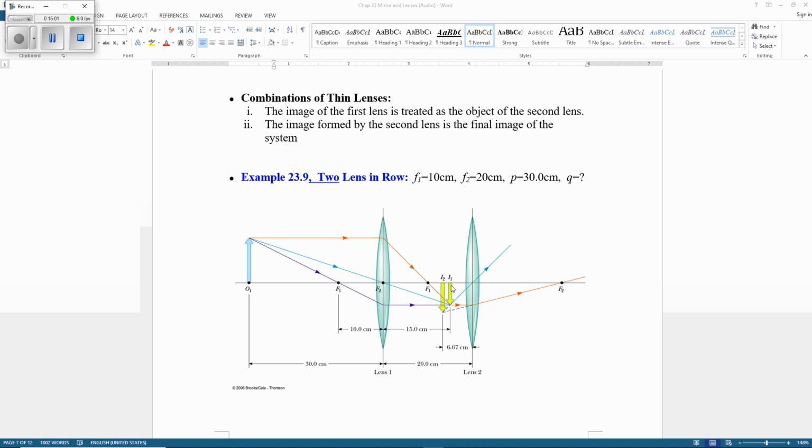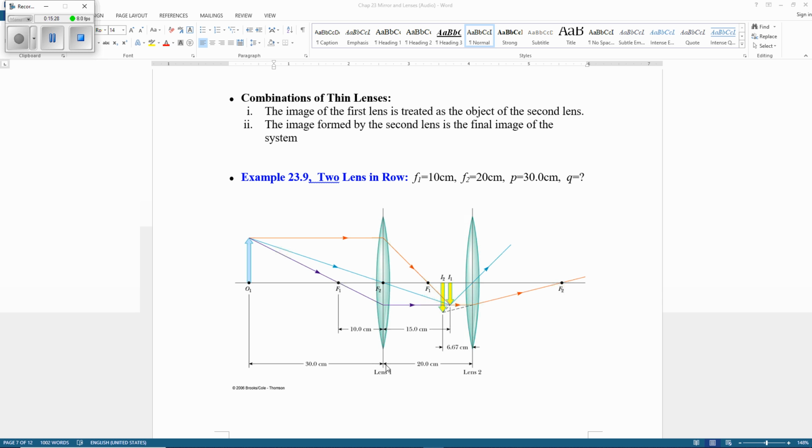So now see, this is the object for the second lens. So this distance is going to be the object distance of the second lens. Okay, so you also have to find it. For example, the first image distance equals 15 centimeters.